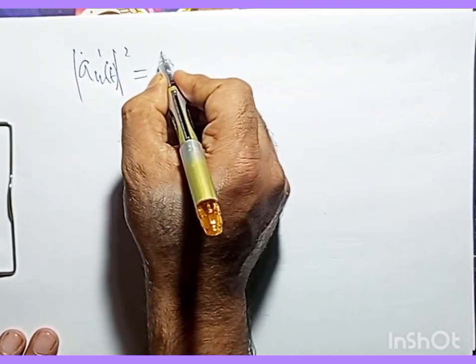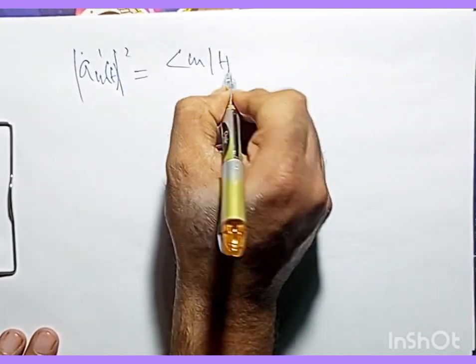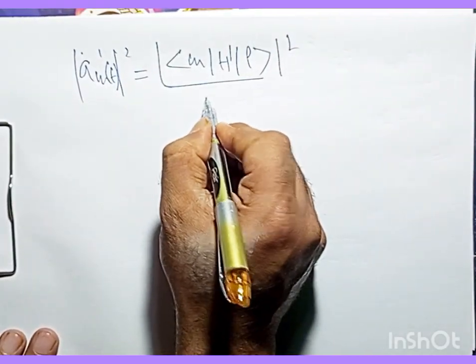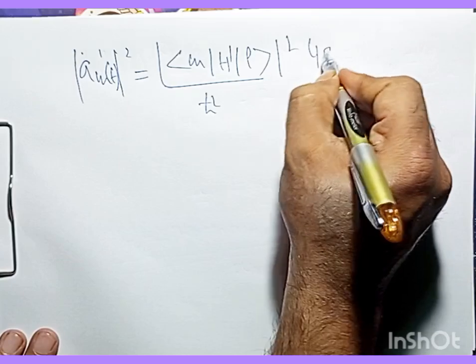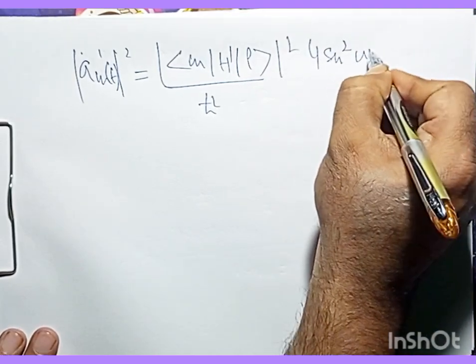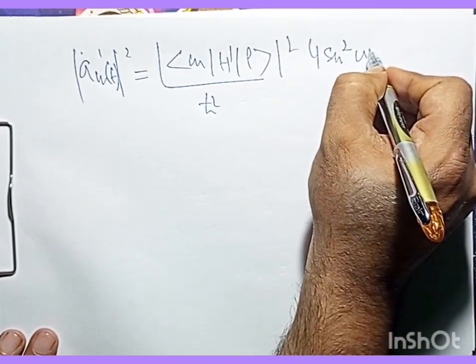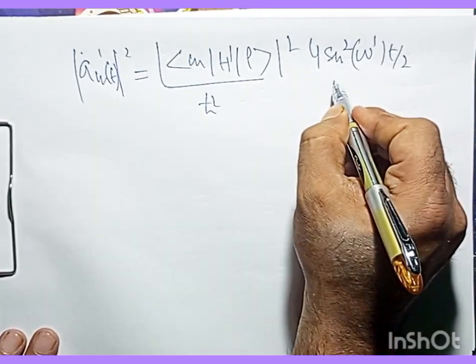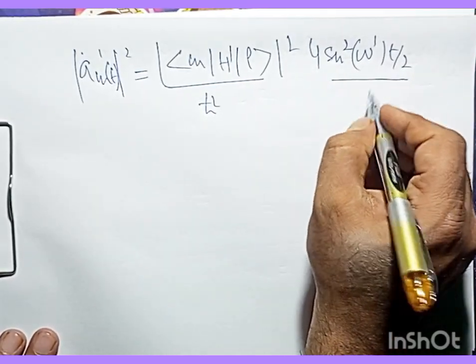We can think of it as |<m|H'|l>| whole square by h-cross square, 4 sin square of omega dash t by 2, divided by omega dash square.